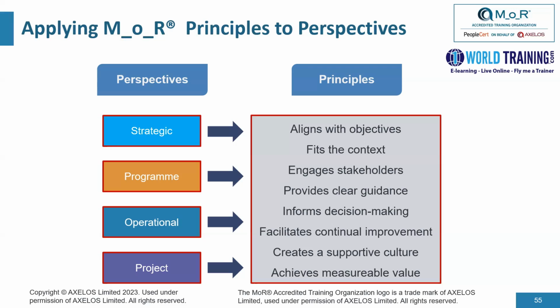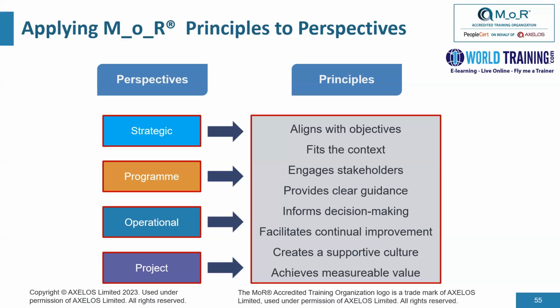And then there needs to be clear guidance across each of the perspectives, making sure that each of the boards in each of the perspectives makes informed decisions. And there has to be a continual improvement in the way things are being done. For example, the project risk framework needs to be continually developed.